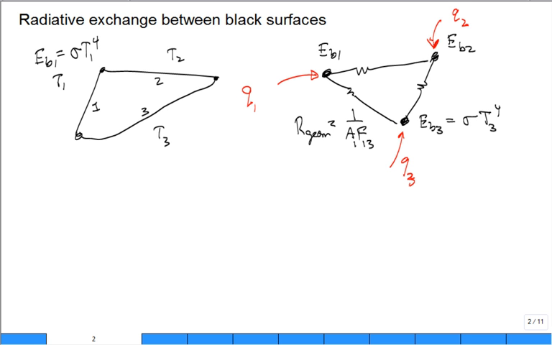If surface 1 is hot, then Q1 is probably positive to keep it hot, higher temperature than the surrounding temperatures. And if surface 3 is, let's say, cold, lower temperature, it's going to be probably a negative Q3 because heat is having to be removed to keep it cooler than the surrounding temperatures.